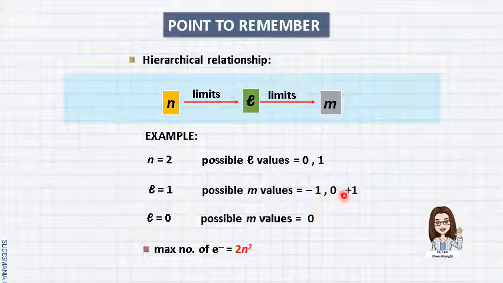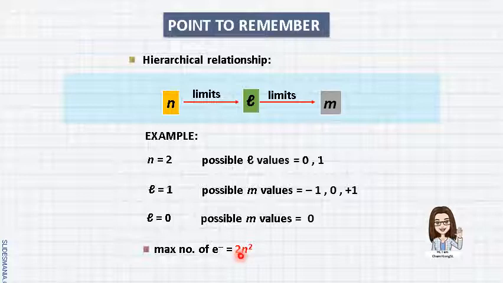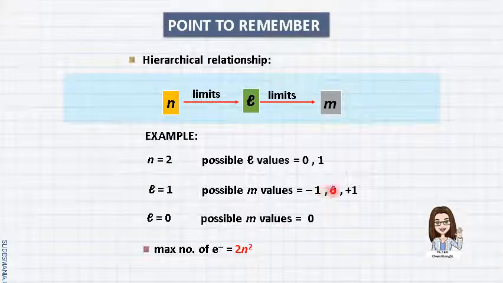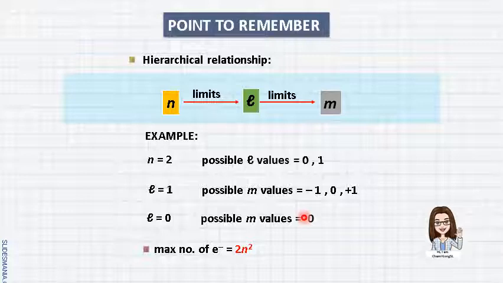There are 4 orbitals, and each orbital holds 2 electrons. That's why the answer is 8. Again, 4 times 2 equals 8, because there are 4 orbitals and each orbital can place 2 electrons.